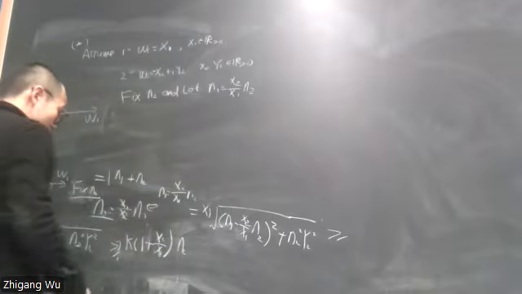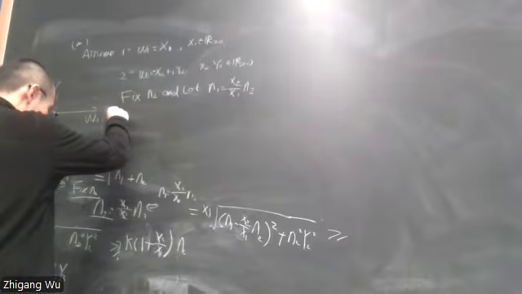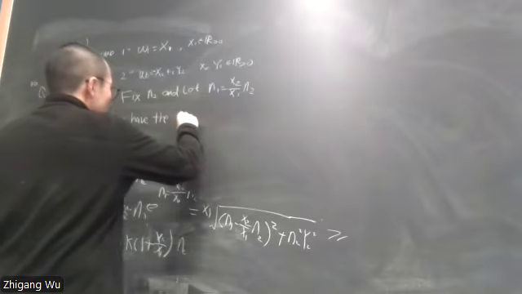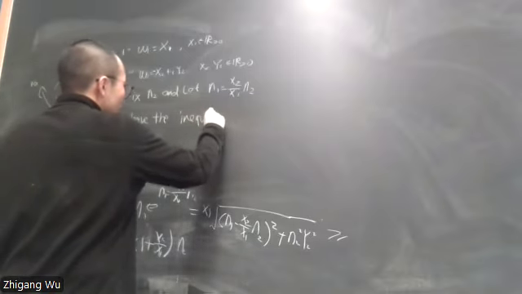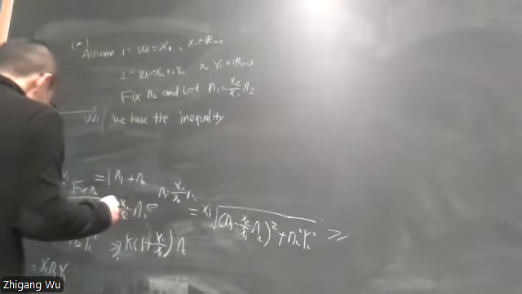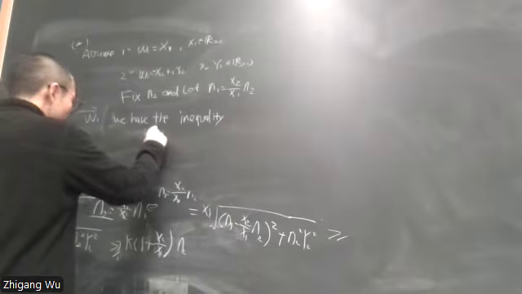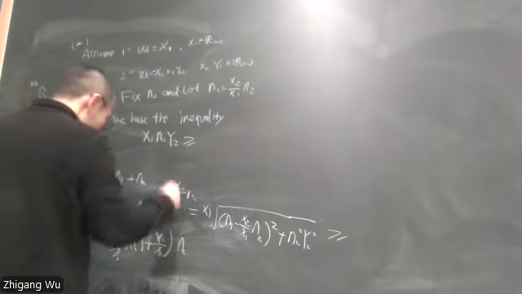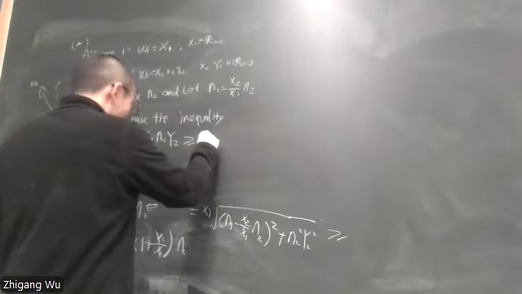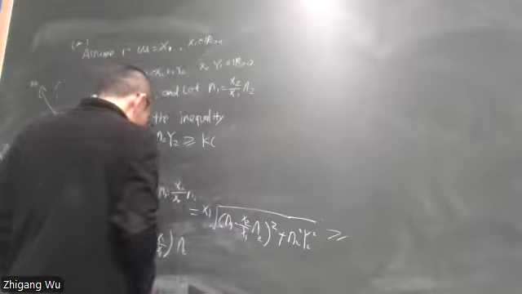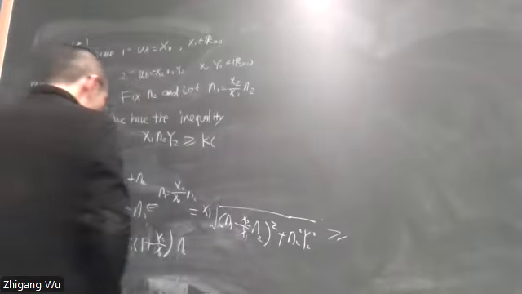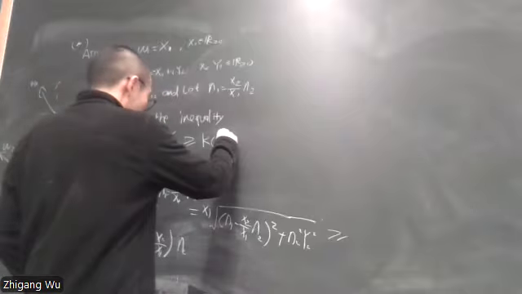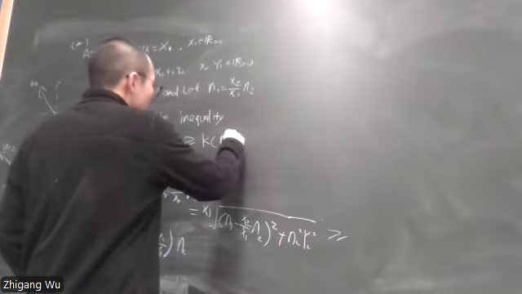So now we have the inequality x1 n2 y2, which is bigger than or equal to some k times n1 plus n2.